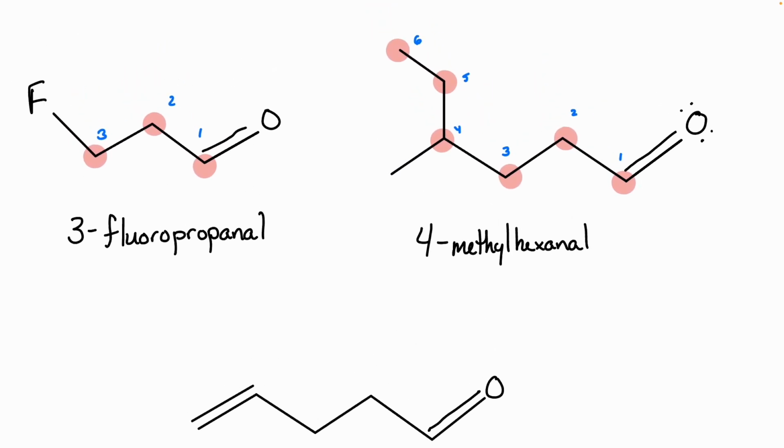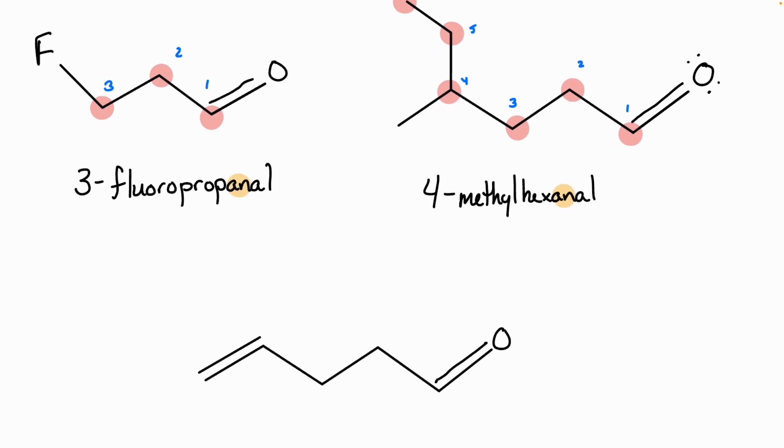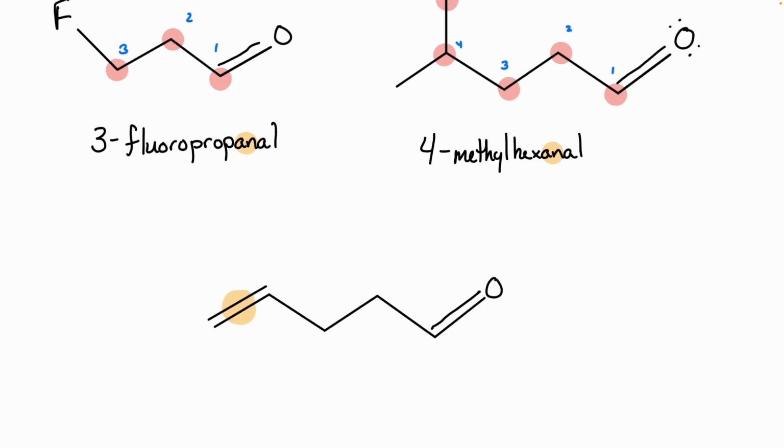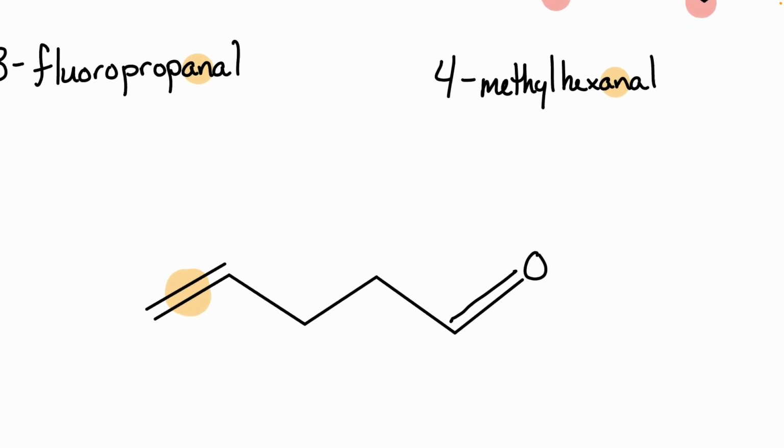All right, and then lastly, again, the AN in these names implied that they were all carbon-carbon single bonds. If we have this carbon-carbon double bond, we're going to have to include an EN at the end. Our longest continuous set of carbons, 1, 2, 3, 4, 5.